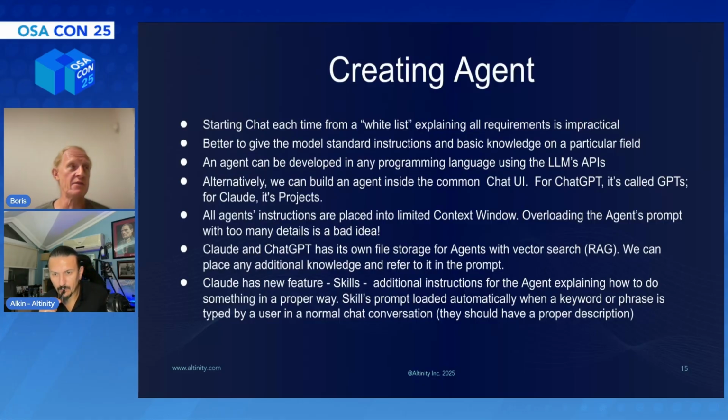The context window is not too big, like 200,000 tokens only. And we should not overload the agent prompt with too many details and too much data.